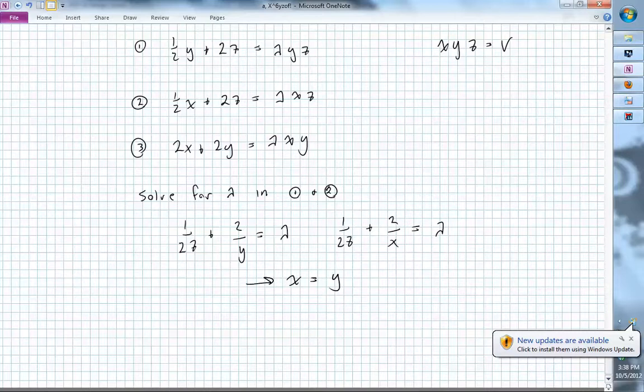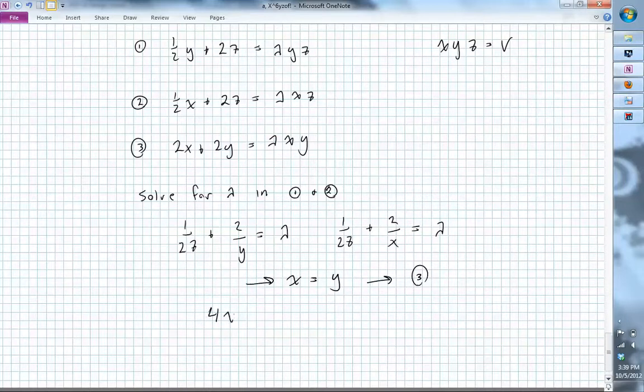That's exactly right. So take this guy and go into 3. Why? I don't know. Just because it works. Okay, and that's where we're headed here, people. So if I plug that into 3, I get 4x equals lambda x squared. Lambda is equal to 4 over x. I'm totally ignoring dividing by 0 here, so I'm going to let you deal with that also for the sake of time. Lambda equals 4 over x.